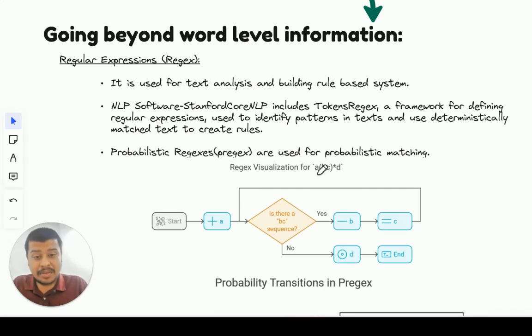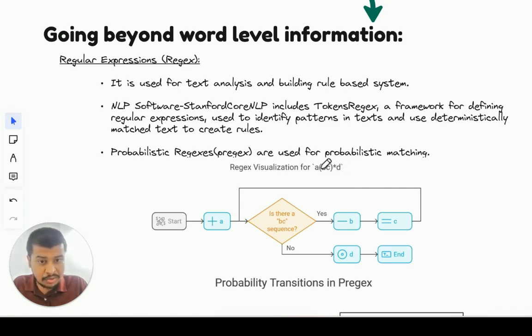If there is an NLP system that accepts this rule, it will accept all those strings that have this form: A, B, C, B, C, and D. It could accept even the string A, B, C, D, because B and C are inside the bracket.